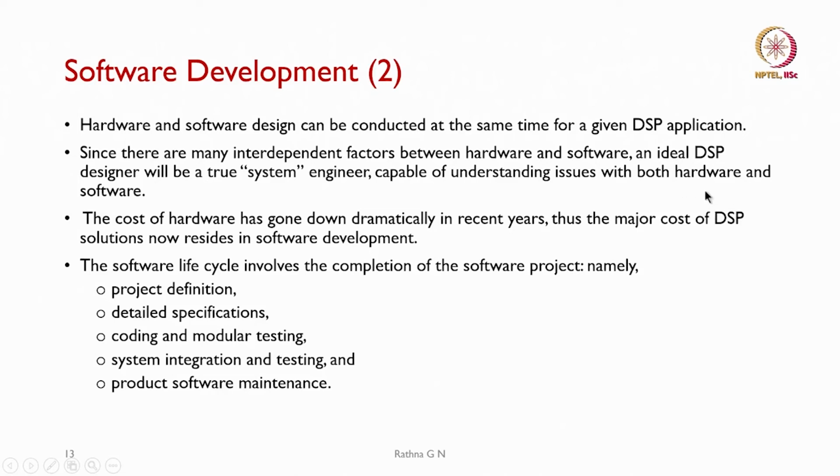One person who can understand both hardware and software can do real justice to the hardware that has come out. That is going to be rare. So, that is why we have a little bit of difference between the two.